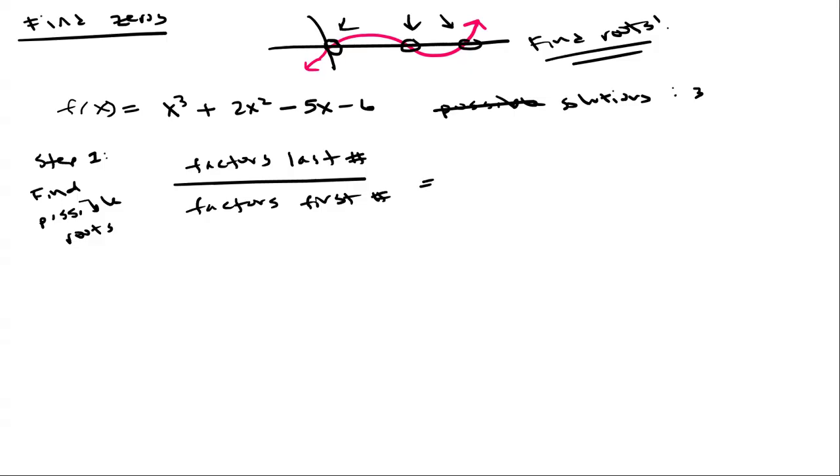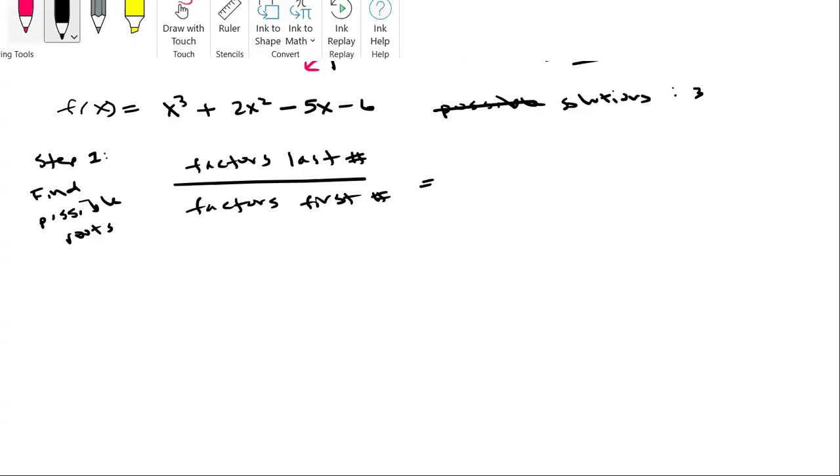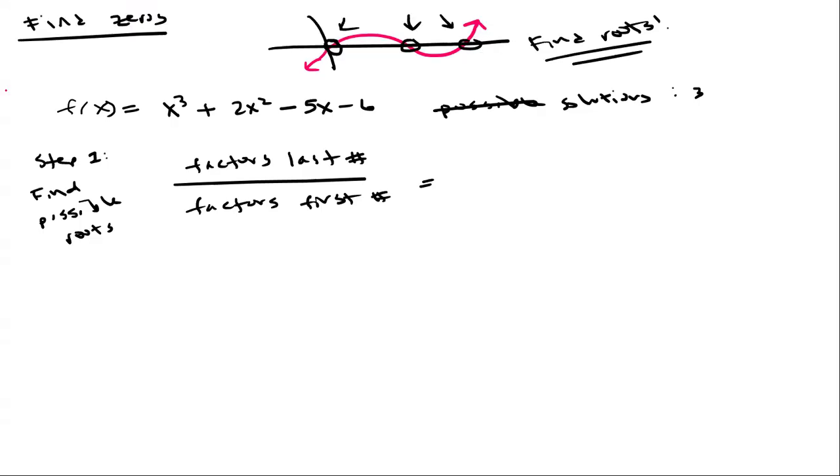So the factors of the last number, I'm referring to this term here. So this is our last number, okay? And then we have 1 here in the front. So this is our first number or first coefficient, okay? So our factors of 6 are going to be 1 and 6 and 2 and 3.